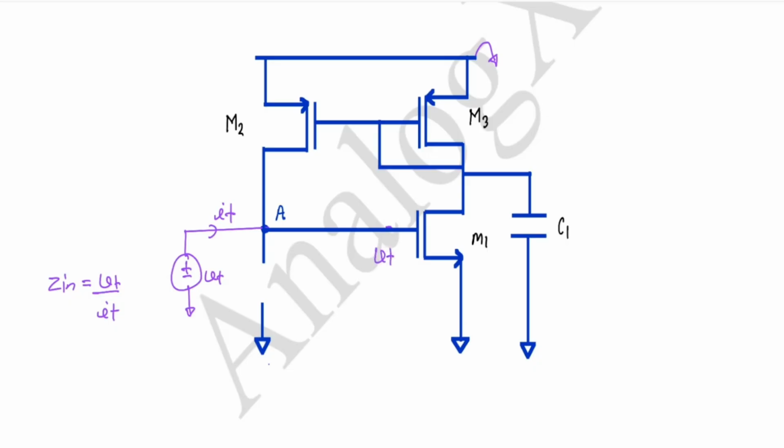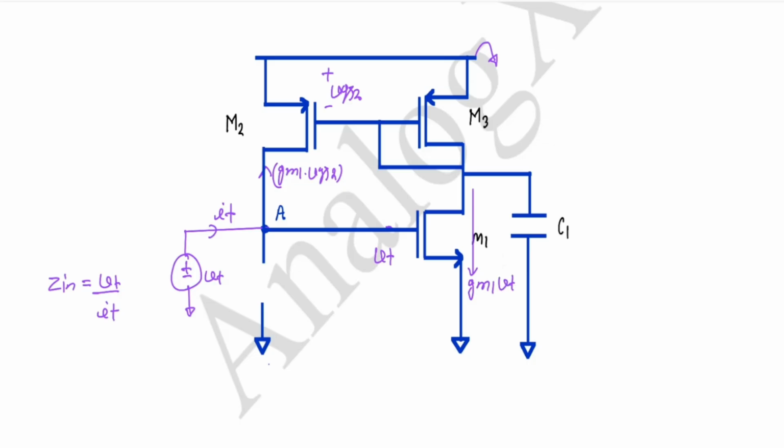Since the output impedance of each transistor is infinite, this current will be only gm into, suppose this voltage is Vgs2. At present we don't know what Vgs2 is, so we will just assume. So this current will be gm1 into Vgs2, and this current will be gm1 into Vt.